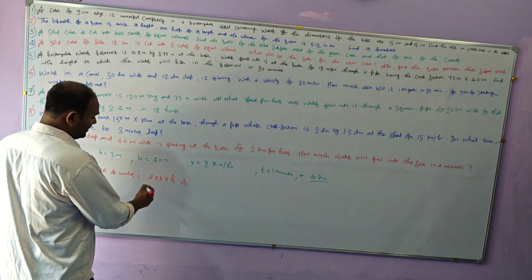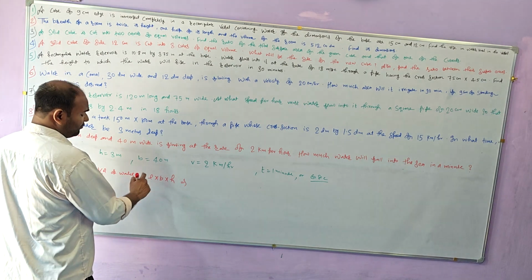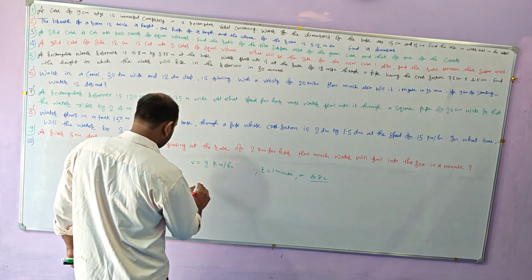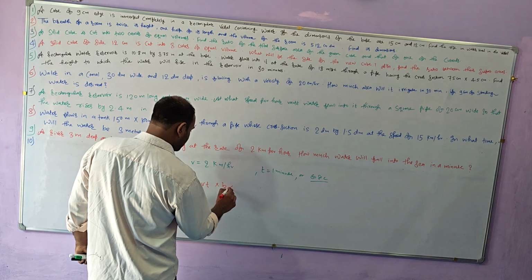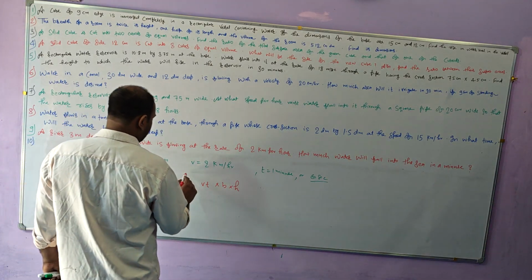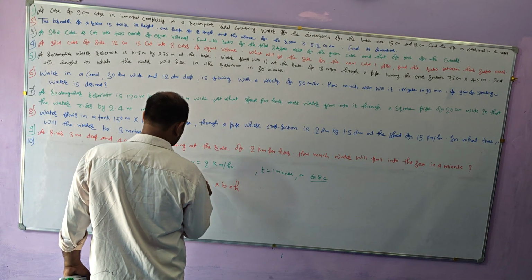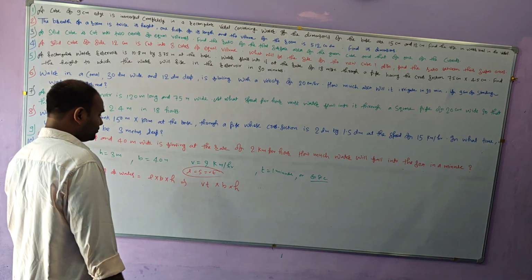So we can say that S is equal to Vt in place of length. So Vt into B into H.